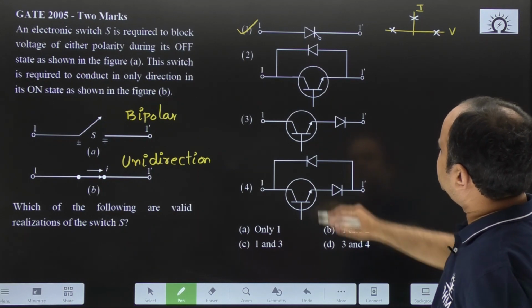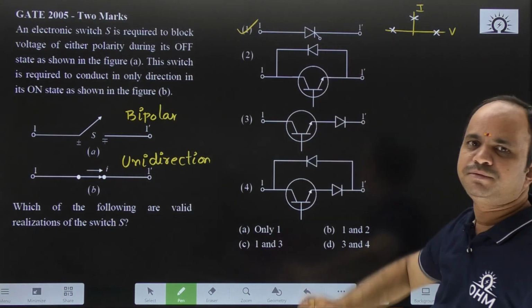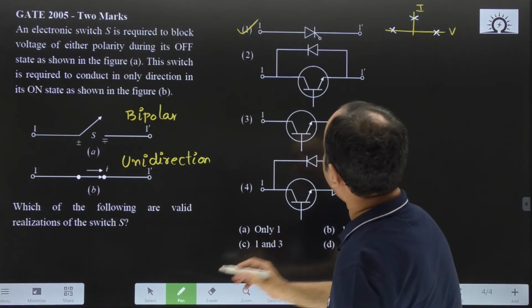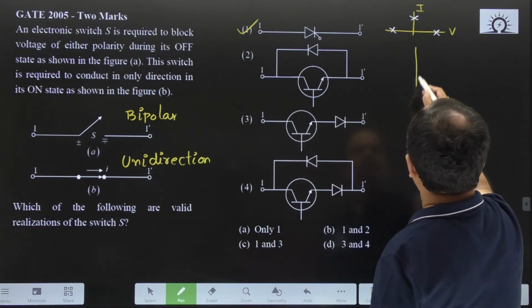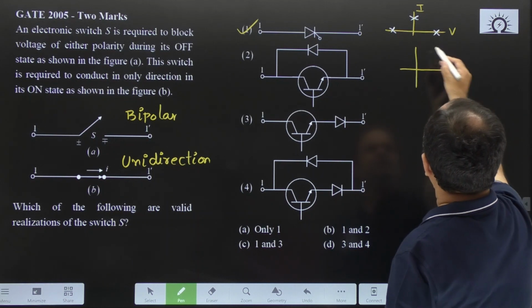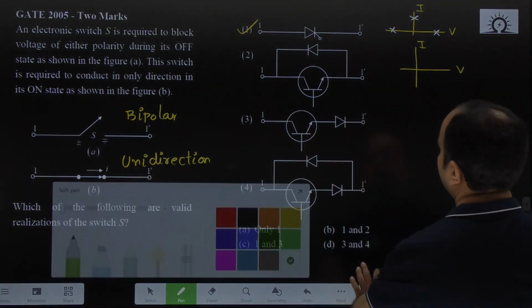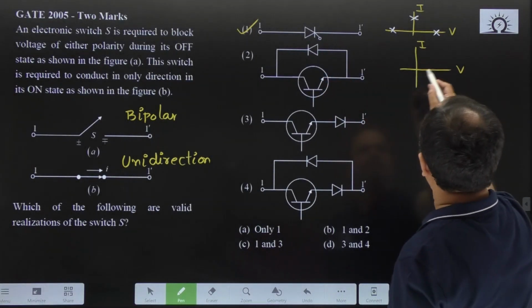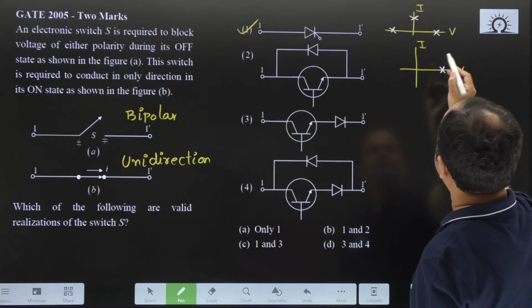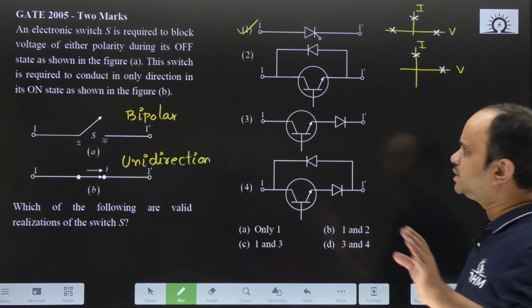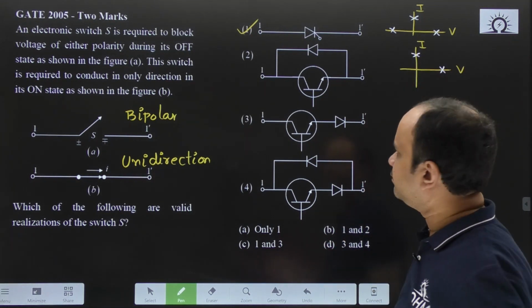Now, coming to this transistor in anti-parallel with a diode. In this case, the transistor device can block voltage of one polarity and it will carry the current in one direction. Up to the transistor it is a unipolar and unidirectional device.